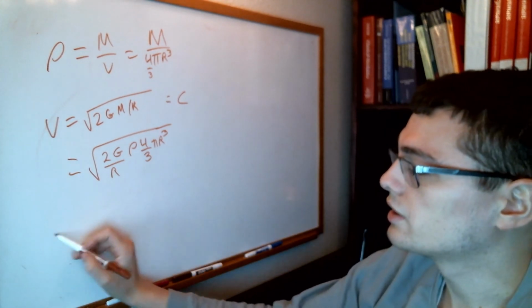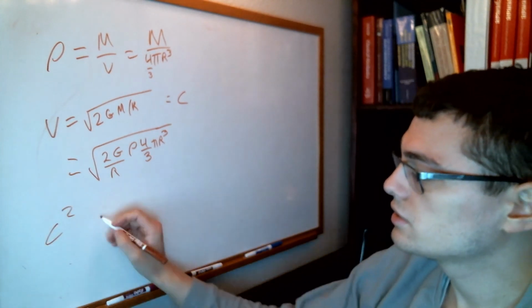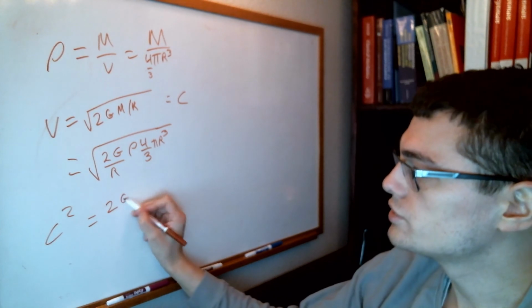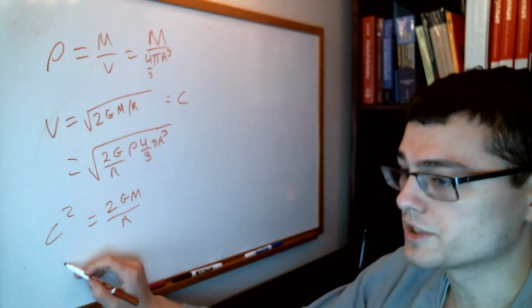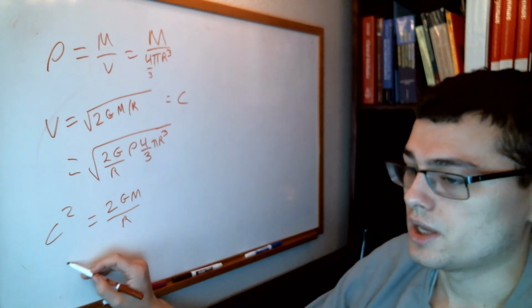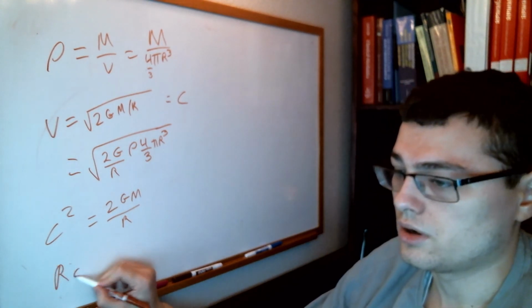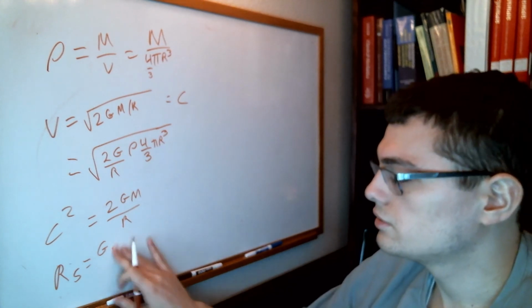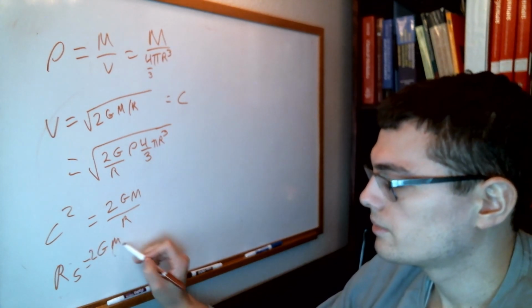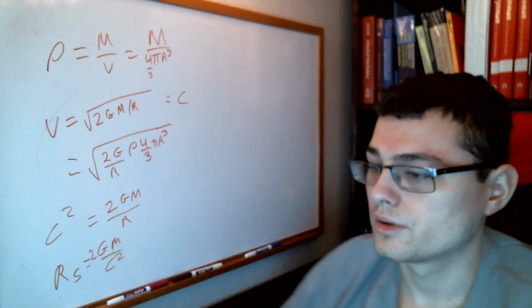Then we get c squared on one side equal to 2GM over R, and we swap the R and the c's places. So we get that R_s is equal to 2GM over c squared.